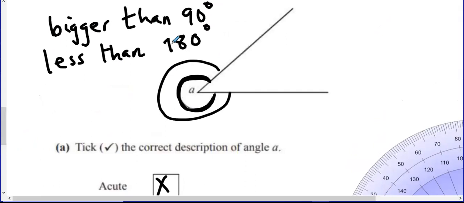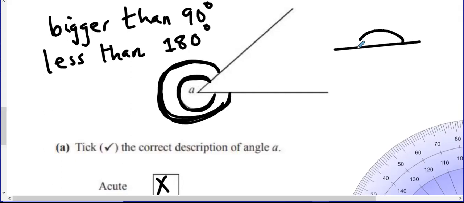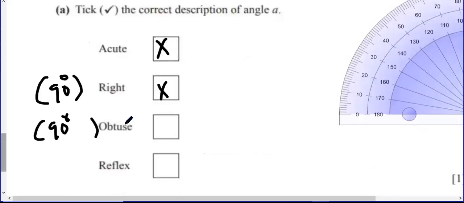When I say a straight line, I mean 180 degrees. This angle is bigger than 90 degrees, yes, but it is more than 180 degrees, because 180 degrees is simply a straight line. So angle A is not an obtuse angle, and therefore it will be a reflex angle.